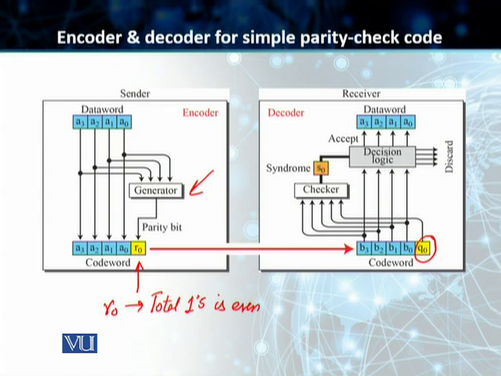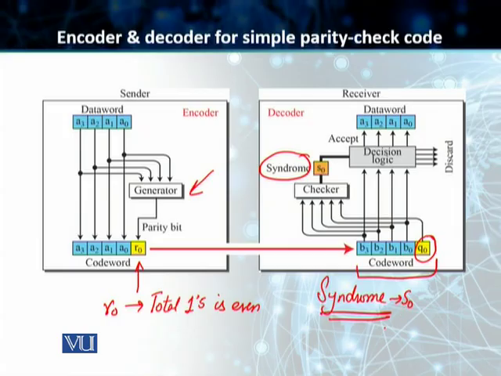Exclusive OR addition आप करें over all the 5 bits, and we get a syndrome which is 1 bit. The concept of syndrome is important. If we do modulo 2 addition over the 5 bits received at the receiver, you get 1 bit, which is called the syndrome.